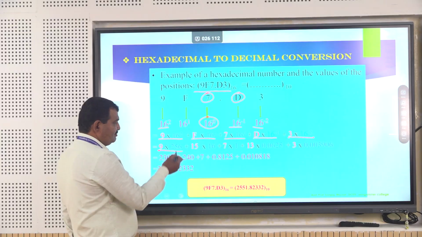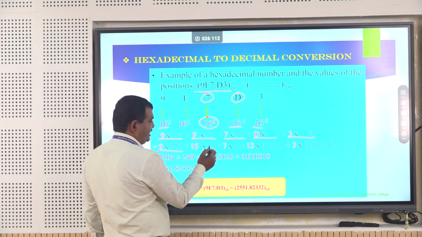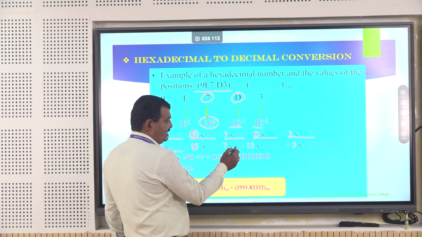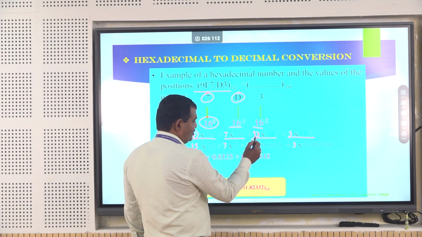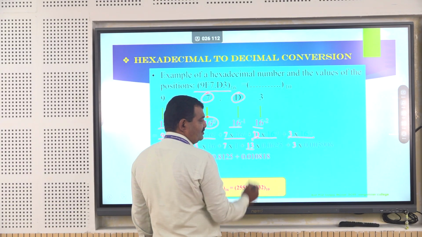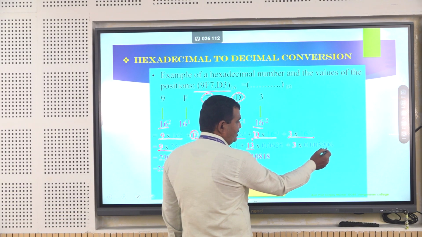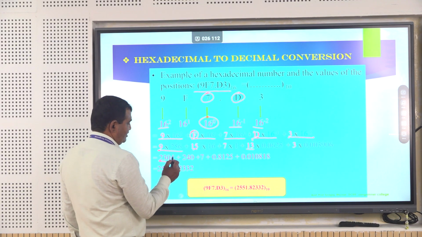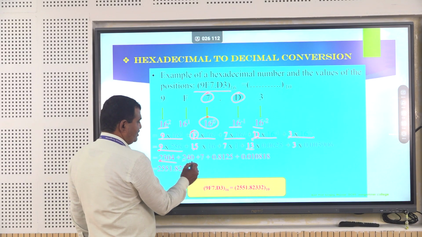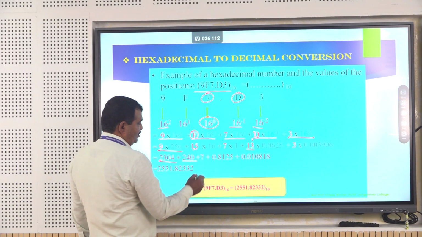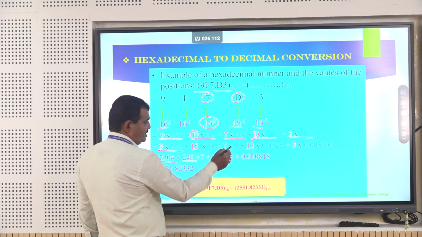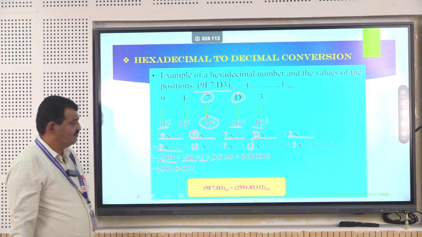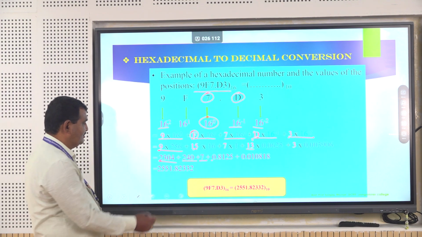By putting in the values: 9 into 256 plus 15 into 16, this F is equivalent to 15, plus 7 into 1, this D is equivalent to 13, so 13 into 0.0625, and 3 into 0.003906. After solving, the first term becomes 2304, then 15 into 16 becomes 240, then 7, plus 0.8125, plus 0.0108.